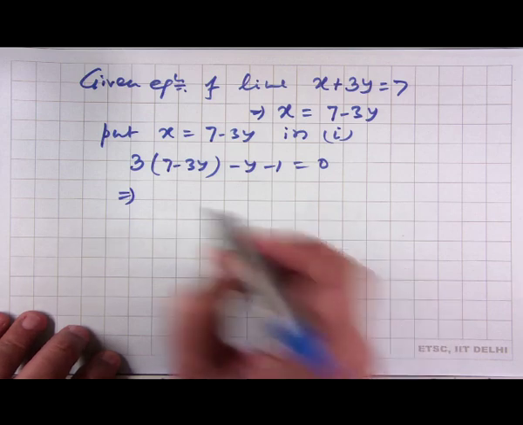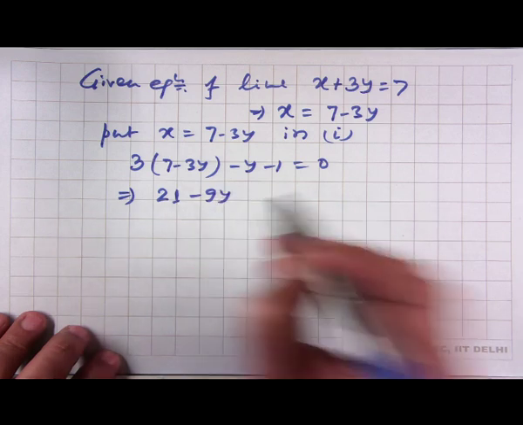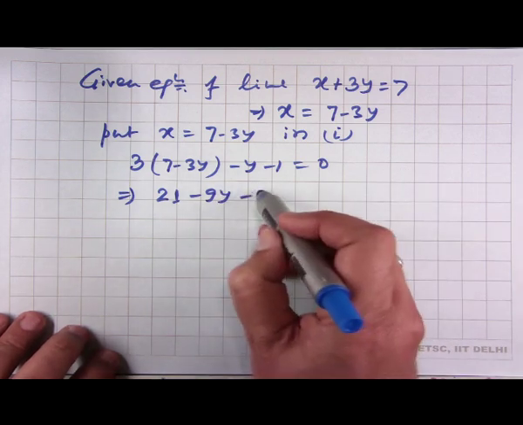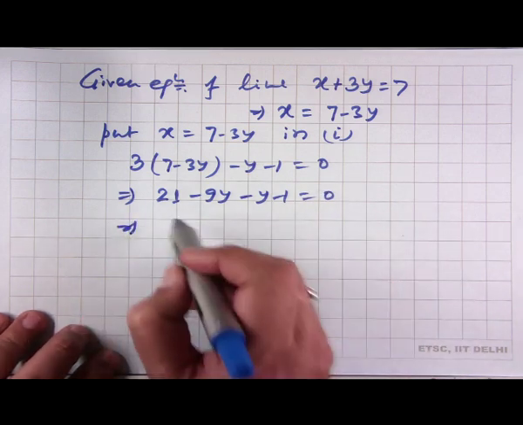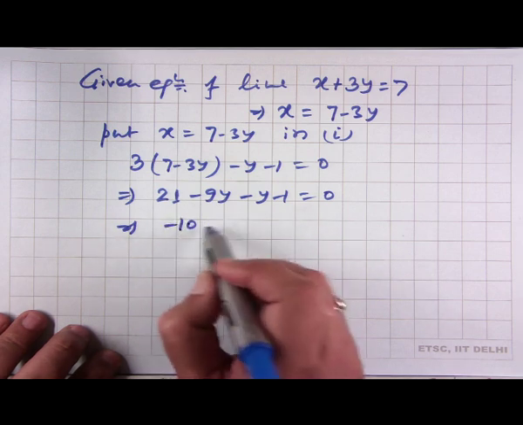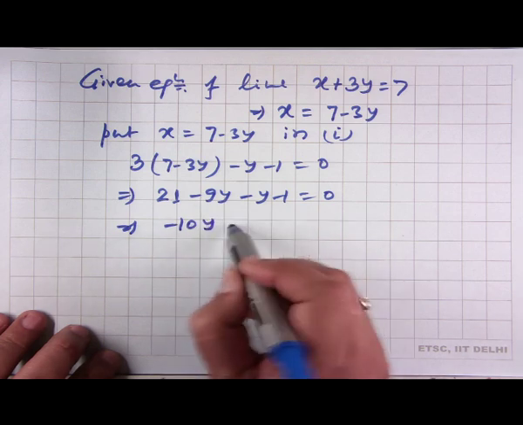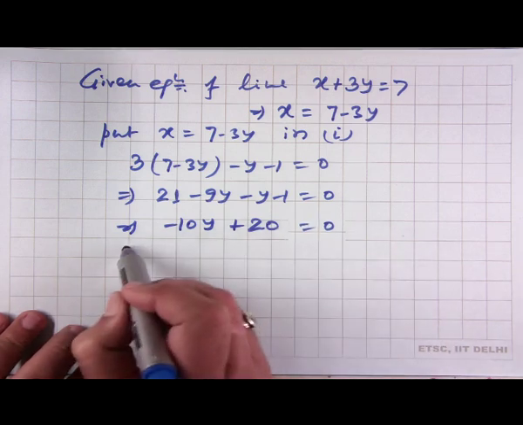So this implies 21 minus 9y minus y minus 1 equal to 0. So minus 10y plus 20 equal to 0.